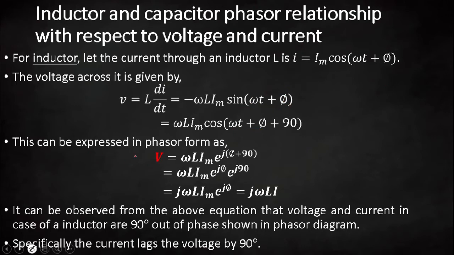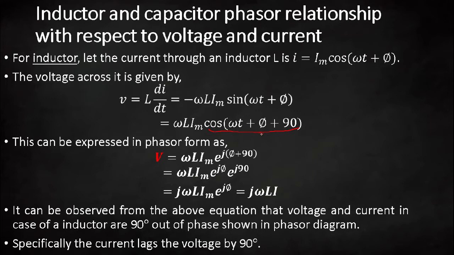As far as voltage is concerned, this equation is in terms of a sinusoidal signal, but if you want to convert it into phasor form, you can see the cosine term here, cos(omega t plus phi plus 90). To write this equation in phasor form, you have to deal with the real part of the phasor, because the term is cosine, which is the real part of the complex number.